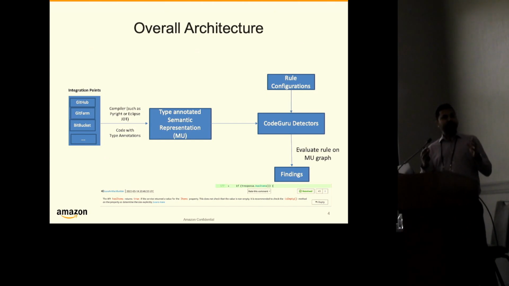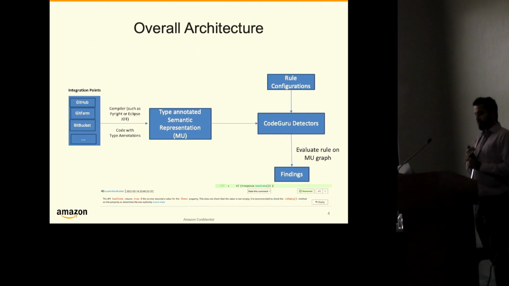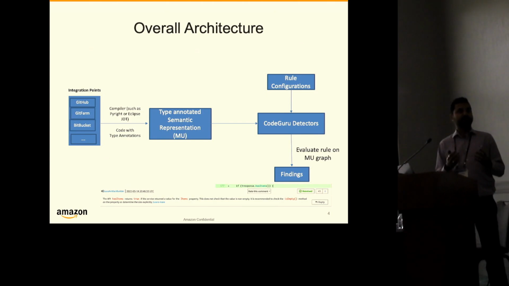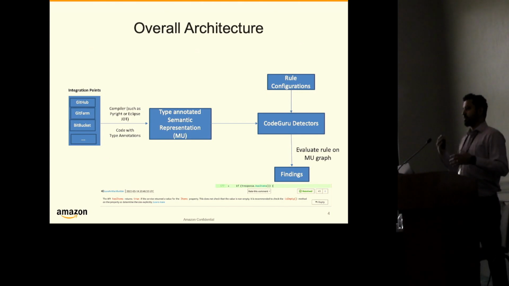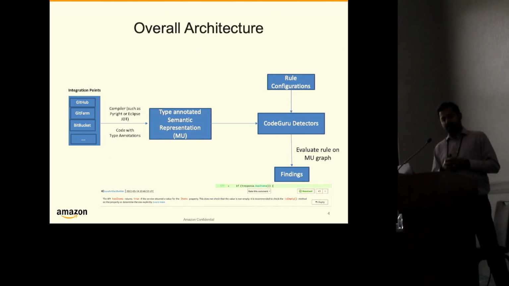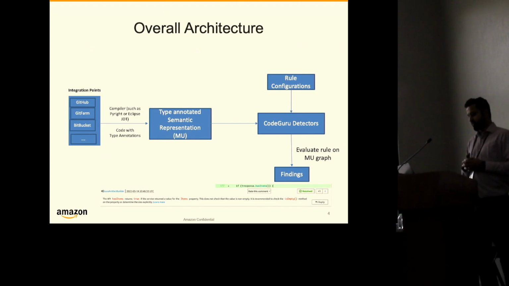These detectors detect all sorts of code defects, for example, sensitive information leak, AWS best practice violations, security detections, and so on. Each of these detectors runs with different configurations. For example, a single detector works as a template which runs on thousands of configurations. I'll talk a little bit more about what these configurations are.